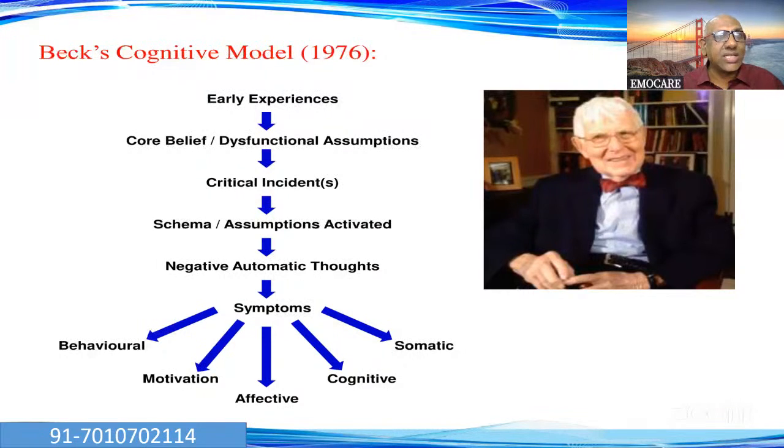When she says yes, the schema gets activated. When the schema gets activated, the negative automatic thought comes: I will be arrested and my reputation will go. Then the symptoms appear. Behavioral: he feels like running away from the place. Motivation: he doesn't have motivation to do the regular job.